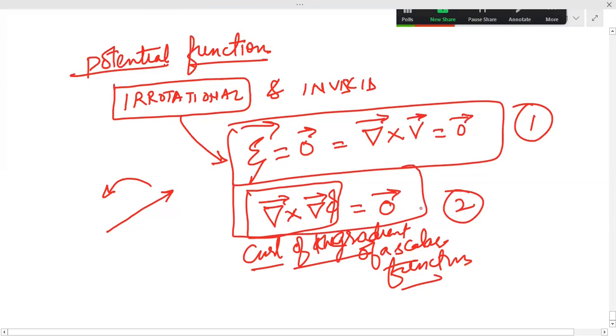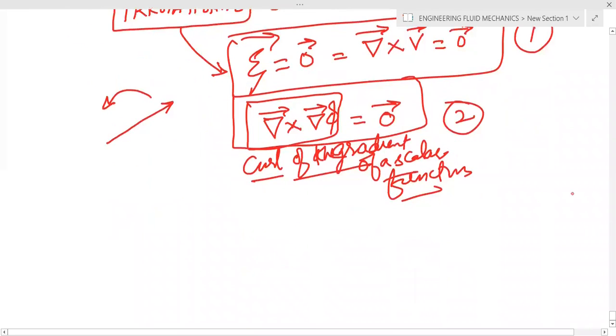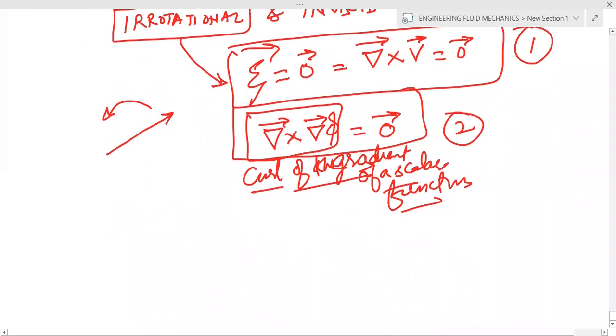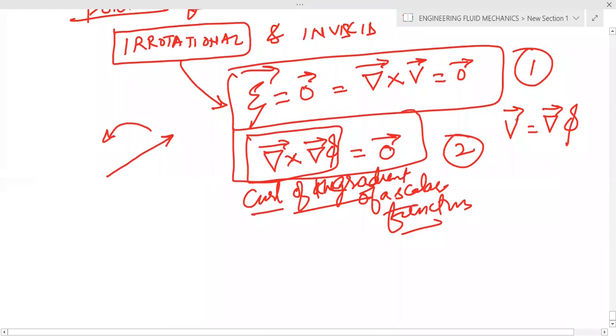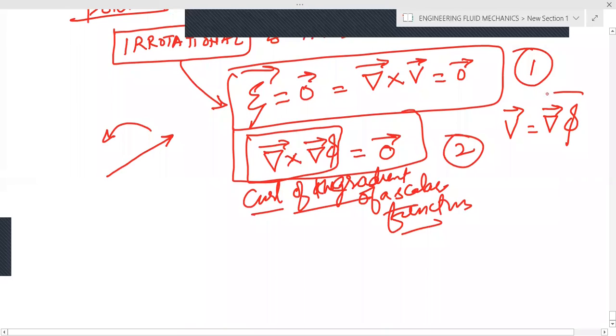Can you actually relate these two equations? The right hand side of both the equations is the same. What does that tell you? The velocity vector can be represented as the gradient of a scalar function.